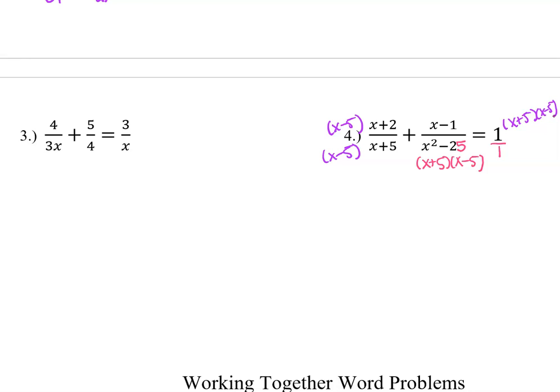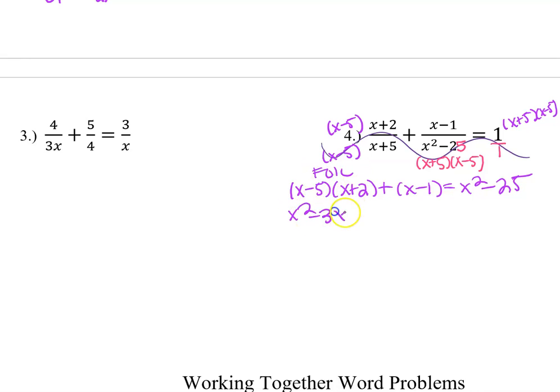Okay, so when the problem equates, drop the base. So now I'm solving the numerator. So let me just rewrite out what I have. And I might as well just multiply that out while I'm at it. Okay, got to FOIL this out. So that's x squared minus 3x minus 10 plus x minus 1 equals x squared minus 25.